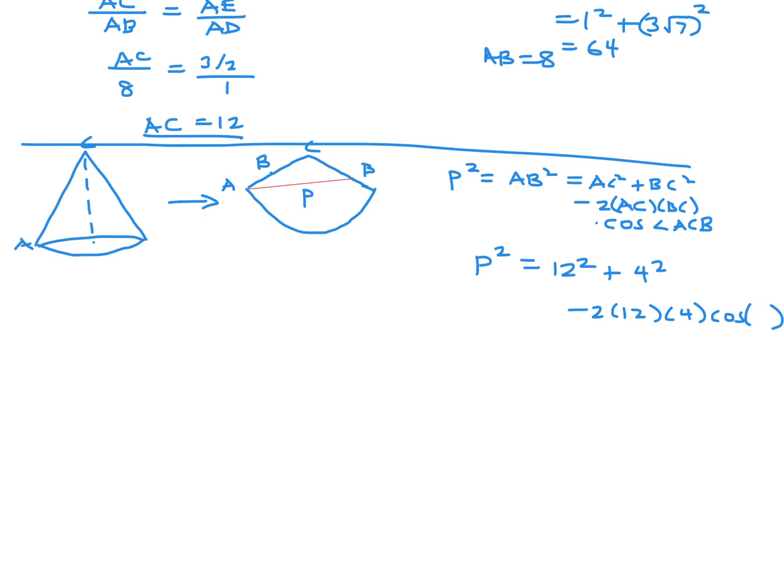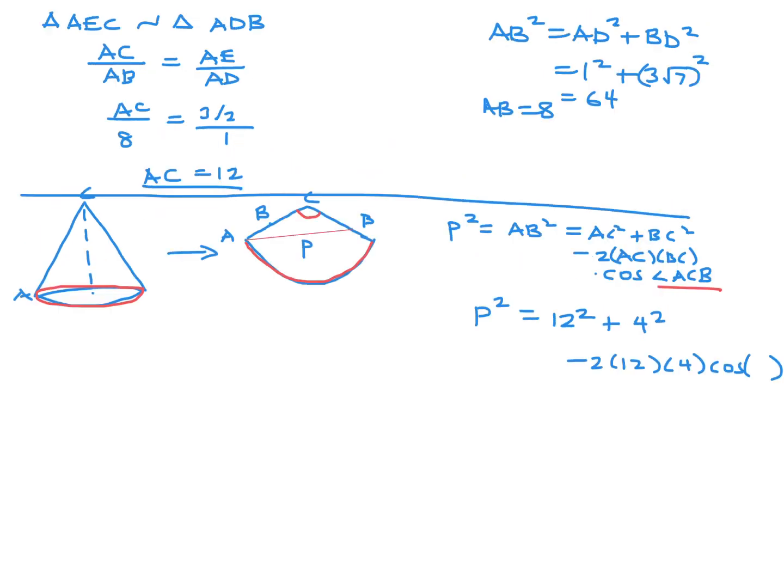So let's talk about this angle here. That angle is ACB, right? I got to figure that out. How do I do that? From here to here, that is the equivalent of the entire circumference of the bottom.